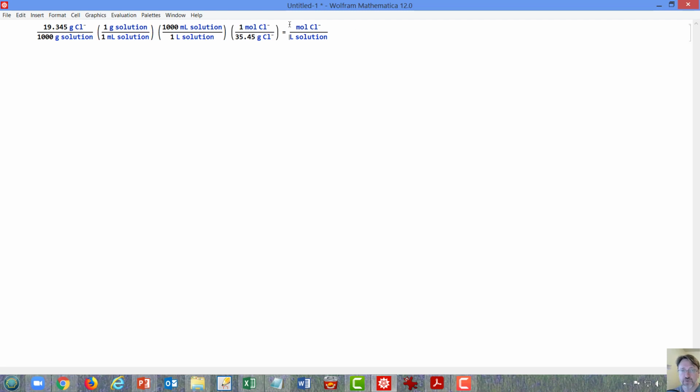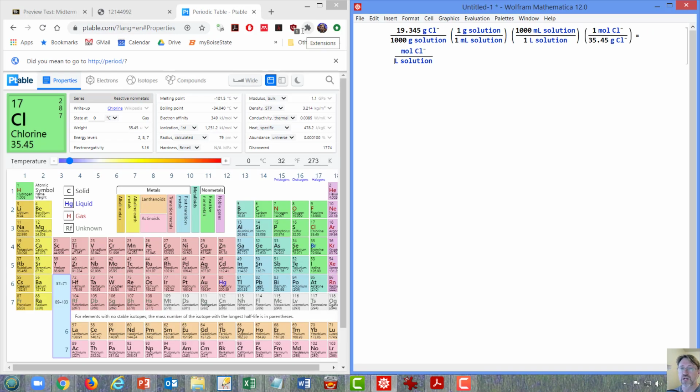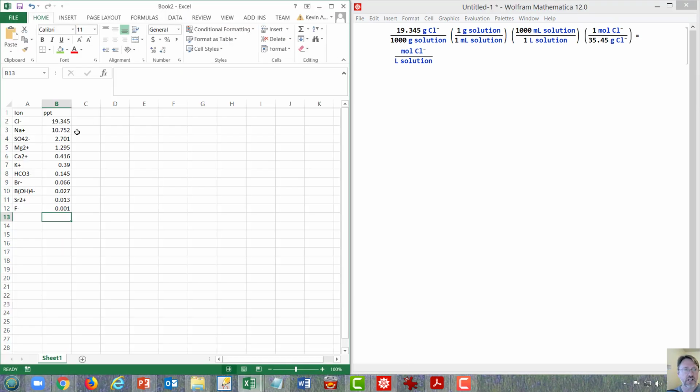Now that we see how to do this calculation, let's set up the spreadsheet to do all of them for us. The one piece of information we need is the molar mass. So in the spreadsheet, we will put molar mass. Okay, this is 35.45.